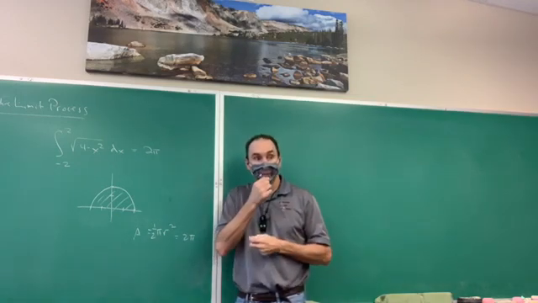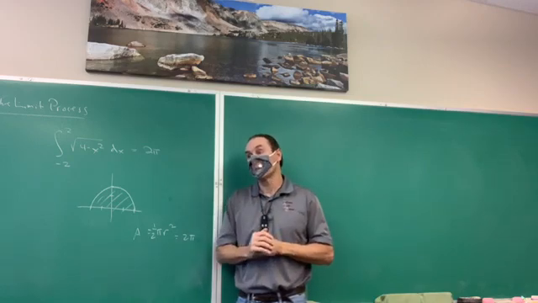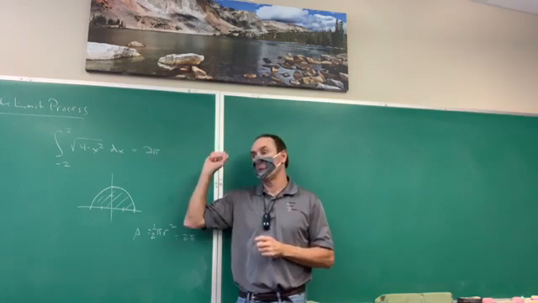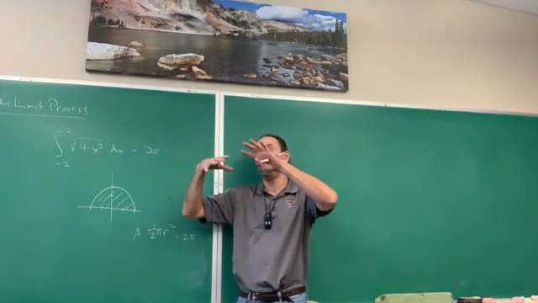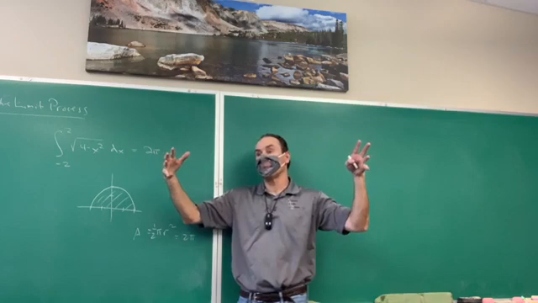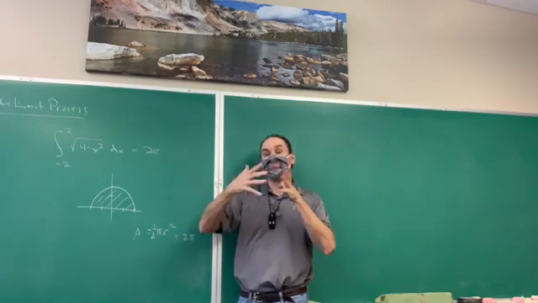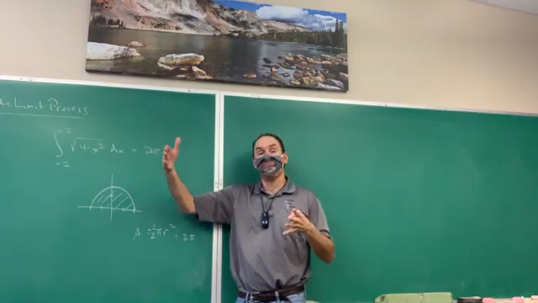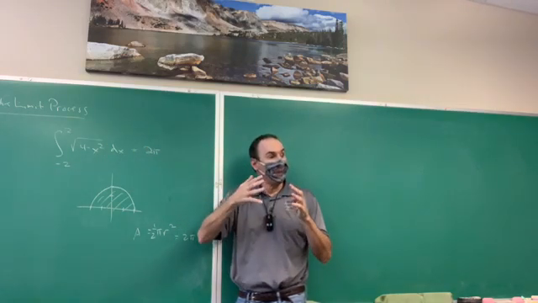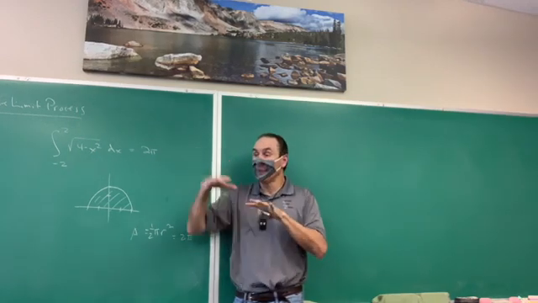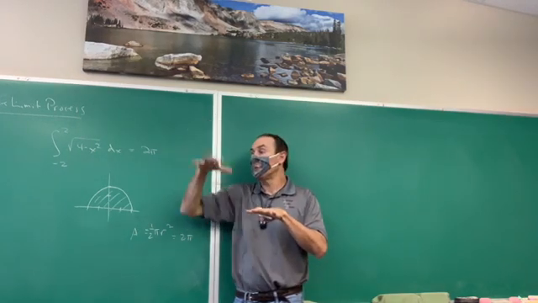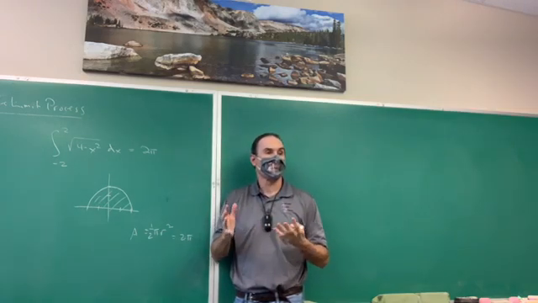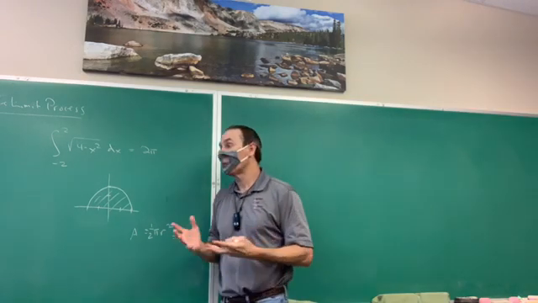But it's one that we still take full advantage of, and you'll for sure see some on the AP exam where you're going to be given some kind of graph, and it may be that you have some straight line segments and semicircles and so on, and you're going to piece together how to evaluate the integral by computing the area of various parts of that graph and recognizing, when they're above the x-axis, it's going to be positive, and when it's below the x-axis, it's going to be negative. So that is an important idea.